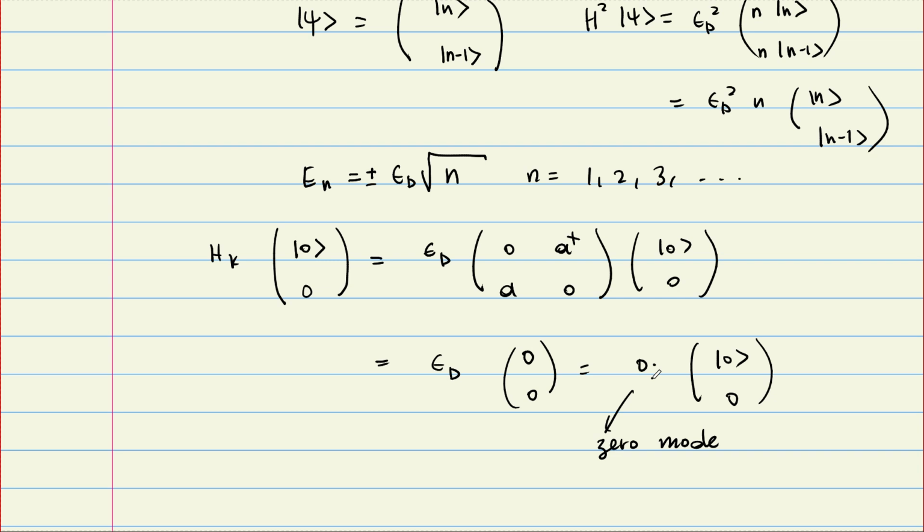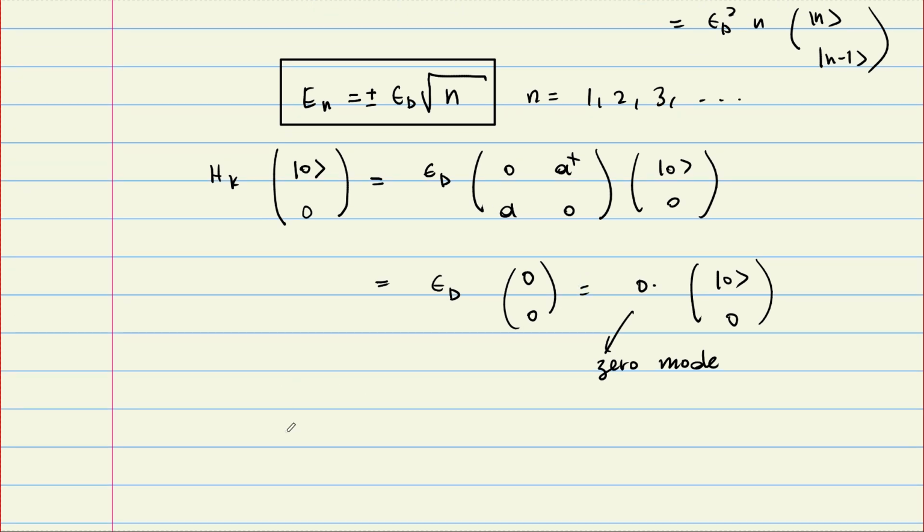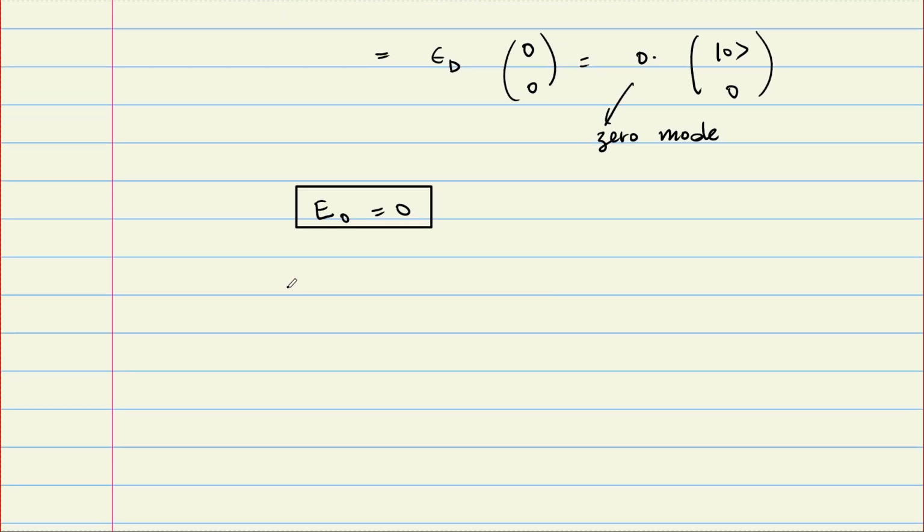So then, okay, there are these eigenvalues. So there's also E0, the 0 eigenvalue. Then we can combine this in a compact form.